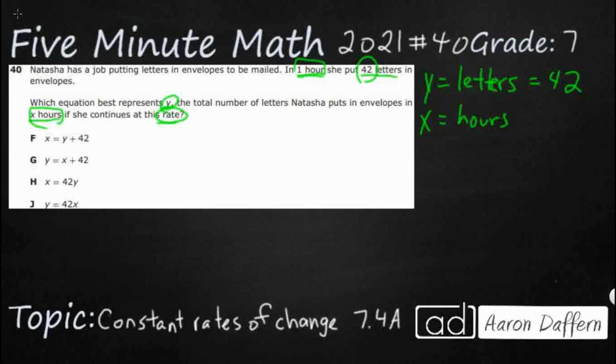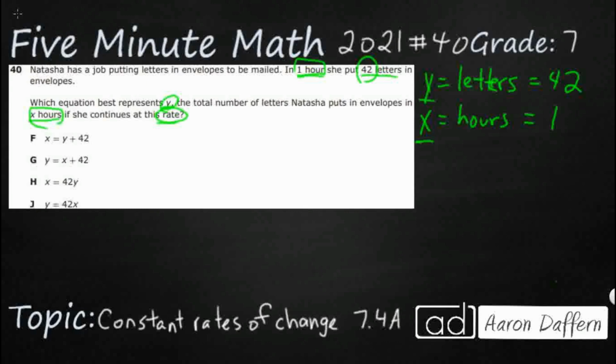So look at that, we've got 2 variables. We've got our independent variable, our x, we're starting there. Our dependent variable y, that's where we're ending up. And they actually give us 2 values, 42 and 1. So let's figure out which of these actually works.